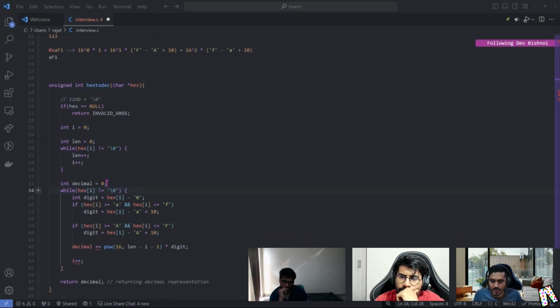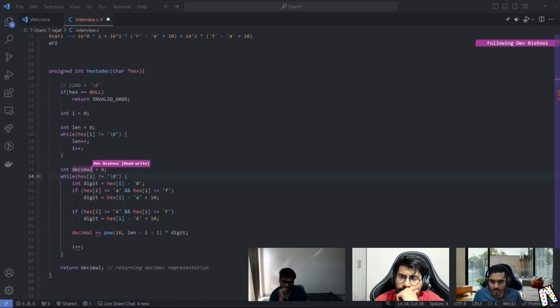So my length would be 4 here, and then in the decimal part I'm assigning it with 0. One thing is here that I need to use unsigned, because the unsigned int has some more positive numbers which cannot be put into int.